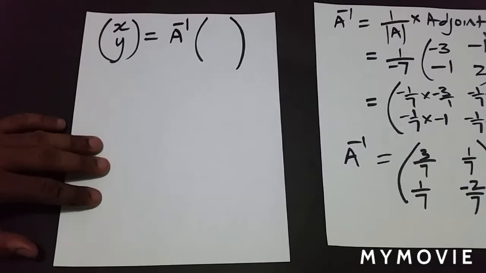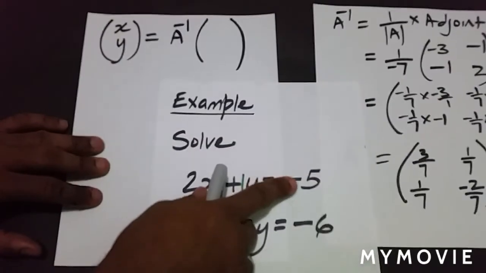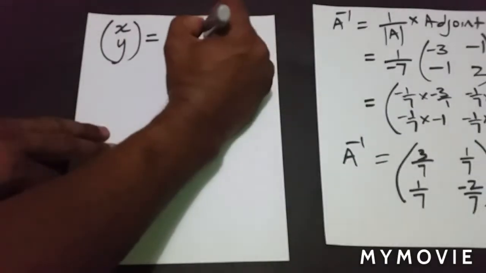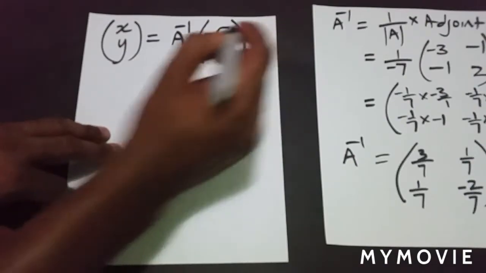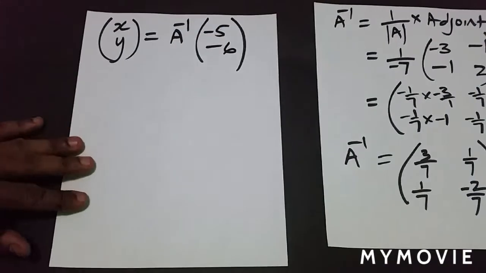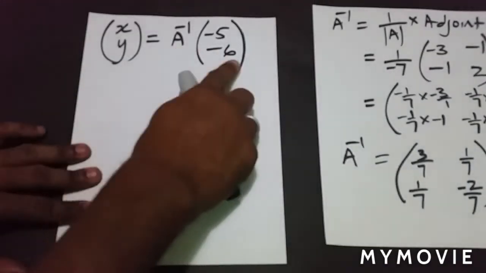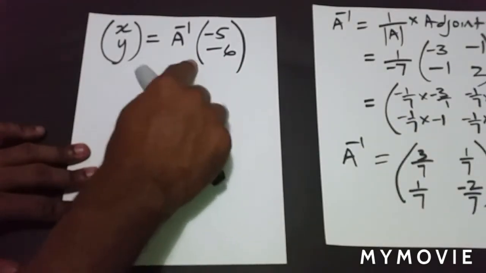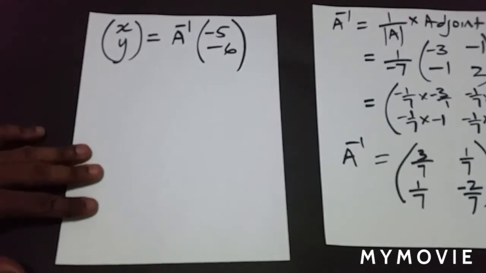So what we have is -5 first and -6 afterwards. So -5 and -6. So what we need to do now, the working out part now is the right hand side. Once we work out this part, then everything is going to start making sense real quick.